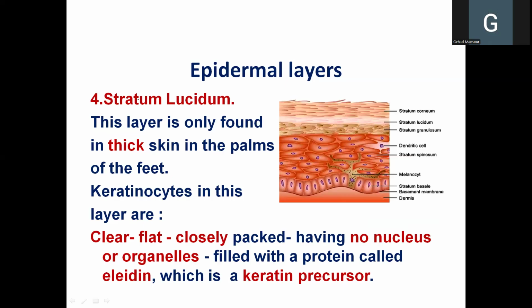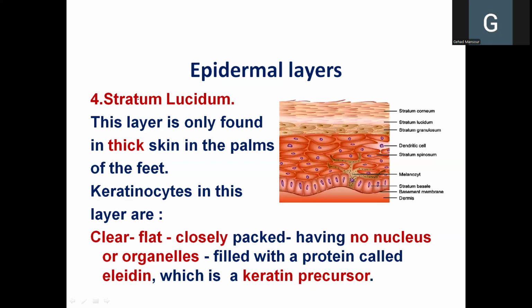So the stratum lucidum is present only in the thick skin, and lucidum actually means clear, because the cells are clear under the microscope, and because they are so many and compressed, they appear flat, closely packed. And what facilitates their close packing and their flat appearance is that they contain no more nucleus or organelles.